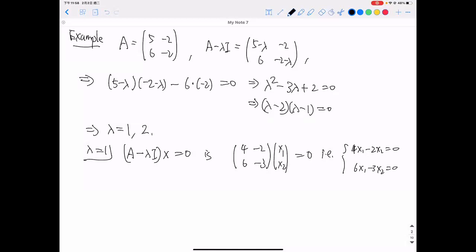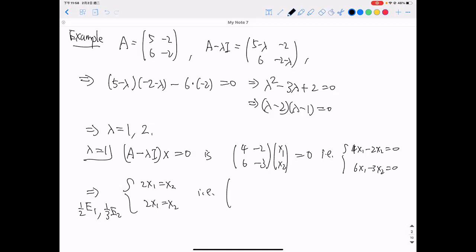And you see, if you divide the first equation by 2 and divide the second equation by 3, you get the same equation: 2x1 equals x2.